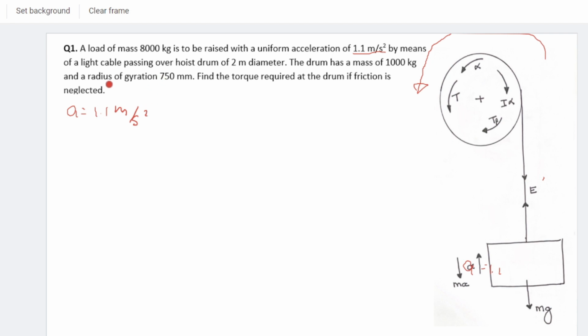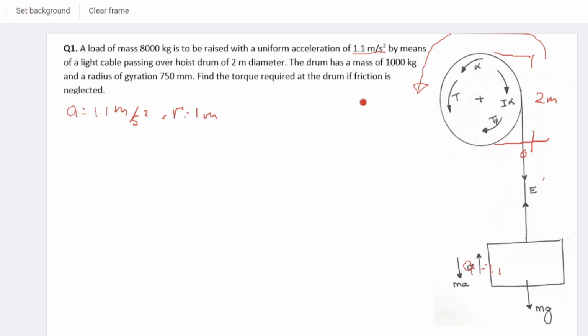It is lifted up by a certain cable, this one is the cable going up, in this direction clockwise. The diameter of this hoist is equal to 2 meters, so therefore the radius of the hoist is equal to 1 meter.